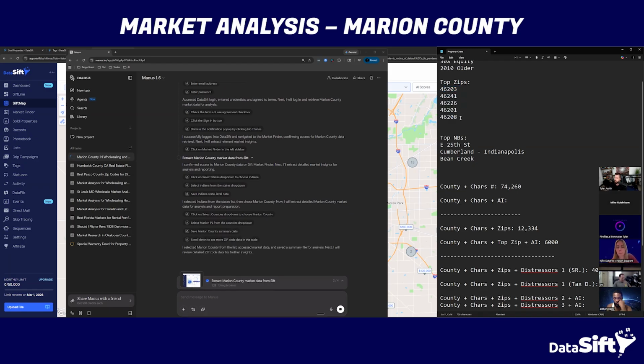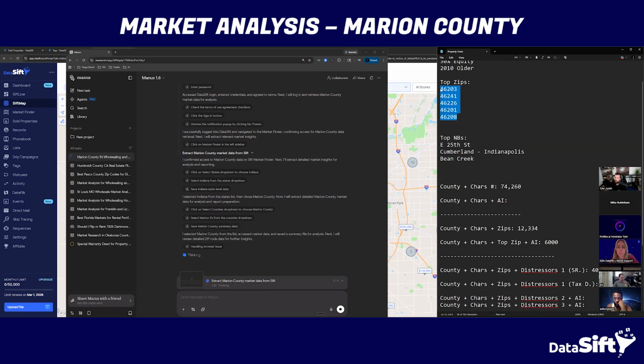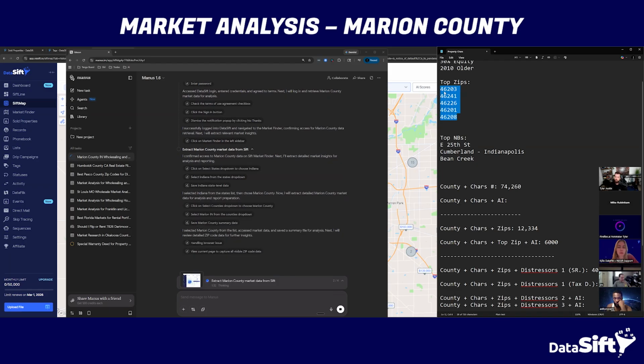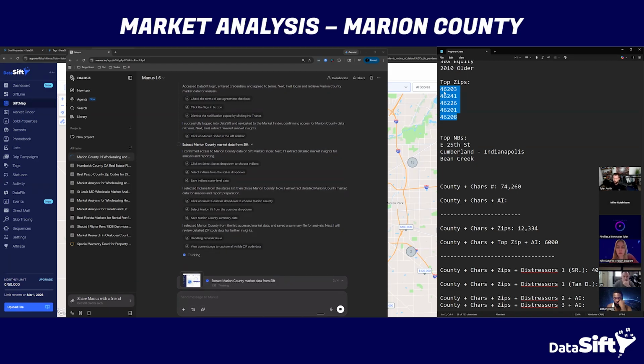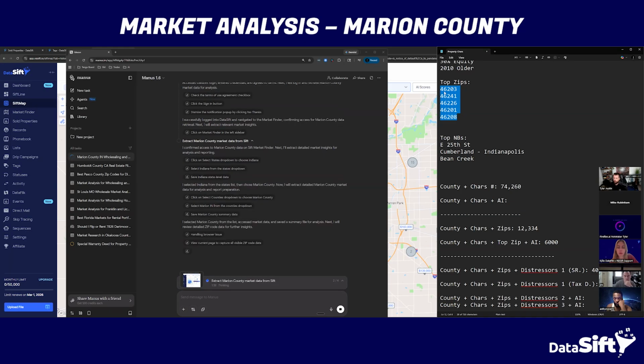So if you give it these top zip codes and say, I only want to focus on the top neighborhoods in these zip codes, can you tell me which ones they are? It'll go through and do a lot of that manual work for you. Some counties or zip codes have a ton of neighborhoods in them. It's kind of crazy. This will be interesting to see for anybody that hasn't seen this before.